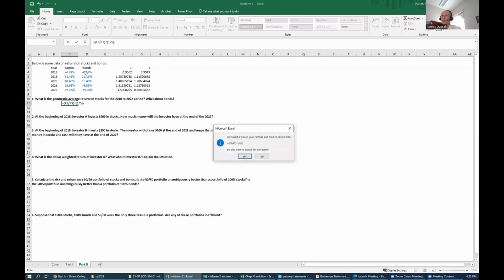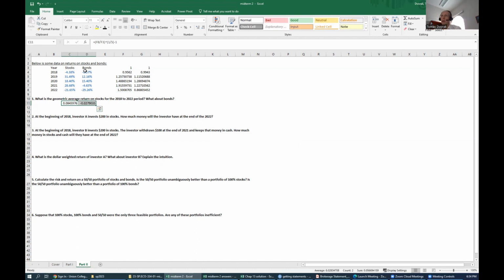We subtract 1, and we get 8.5%. Let's do the same thing for bonds, and let's format this as a percentage. Let's add some decimal places. 8.5 for stocks, minus 2.8 for bonds.